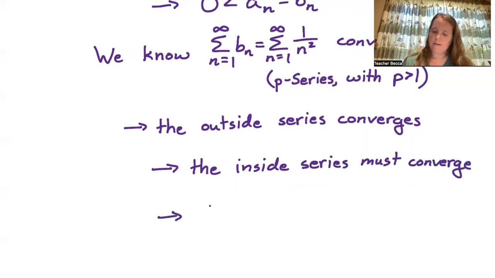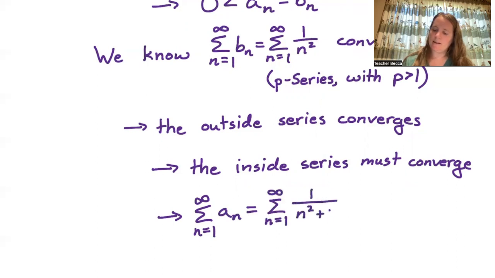So we have that the sum from n equals 1 to infinity of a sub n, which was the sum of 1 over n squared plus n, converges.